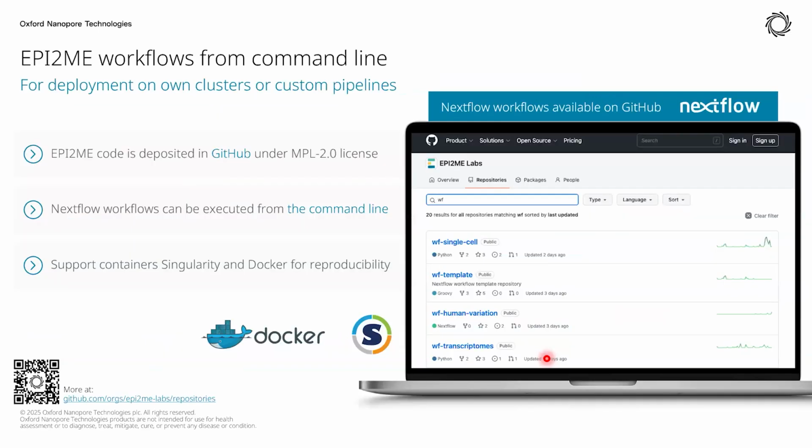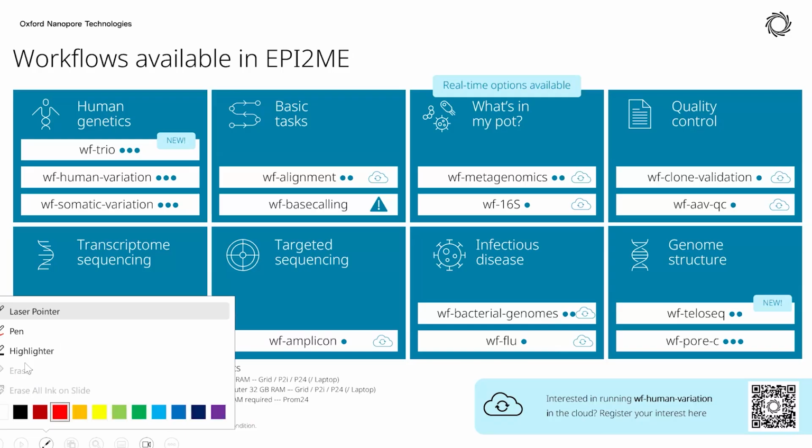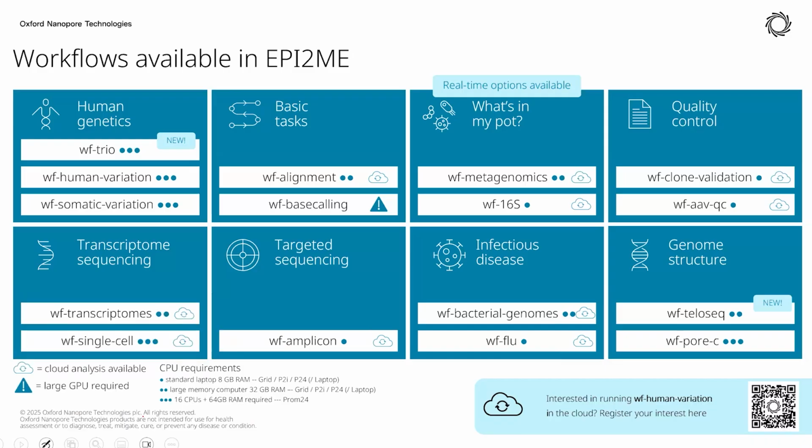The other thing that this slide shows, I just wanted to highlight that the different workflows have different computational requirements. So some of them with the one dot after the name of the workflow can run very well on minimally spec'd devices like laptops and some desktops.